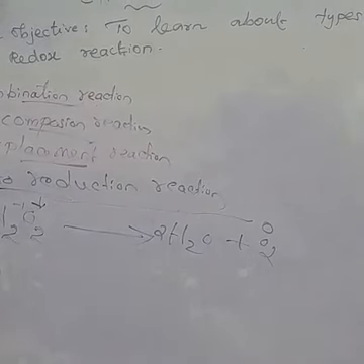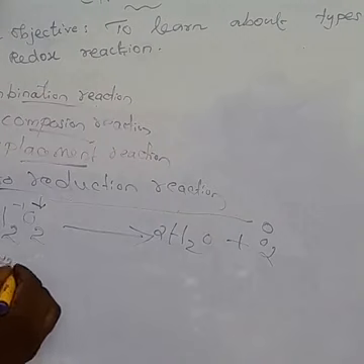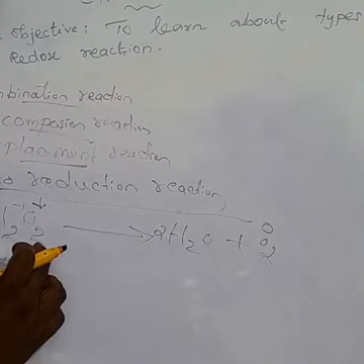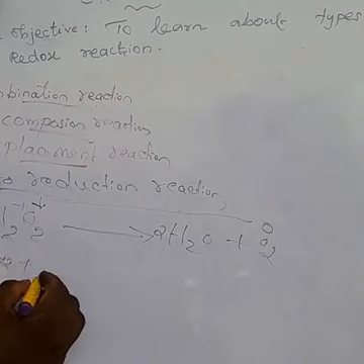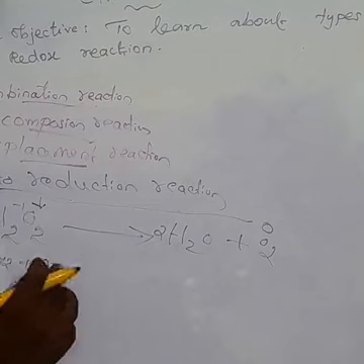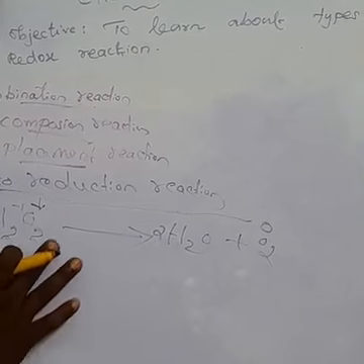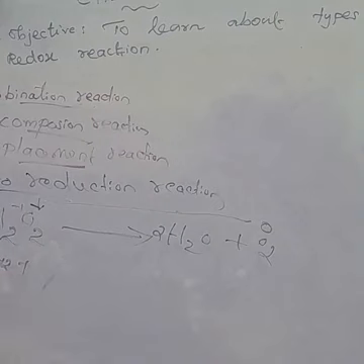Here, how much hydrogen is there? 2 hydrogen. So 1 into 2, plus how much oxygen is there? 2 oxygen. So we can take it as 2x. Am I right? That is 2 into x. We can take it as 2x. 1 into 2 because 2 hydrogen is there.